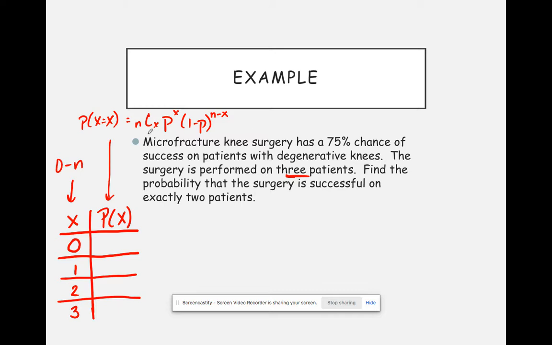And we can get that either by using this formula here or by pulling those values from Statlet. I can go ahead and fill in the value for 2 successes because we just found that. But then to find the rest of these, I can go into the formula or I can go into Statlet. So I'm going to go ahead and switch my screen here to Statlet for you.